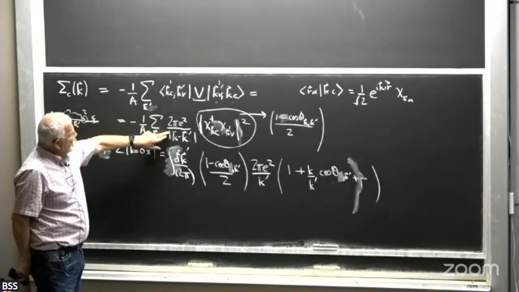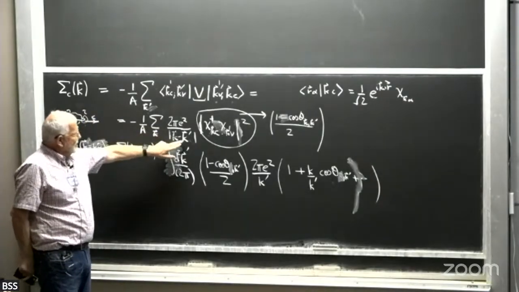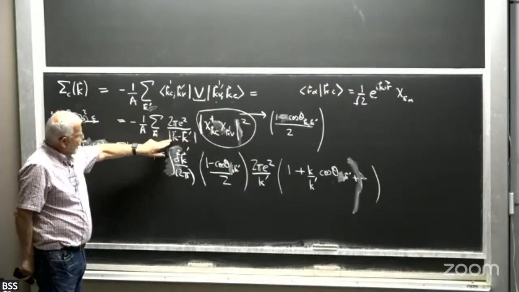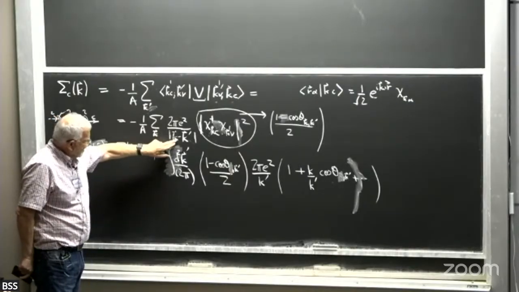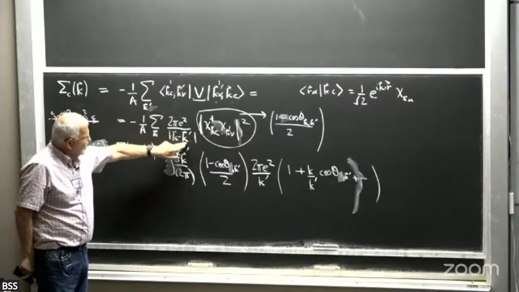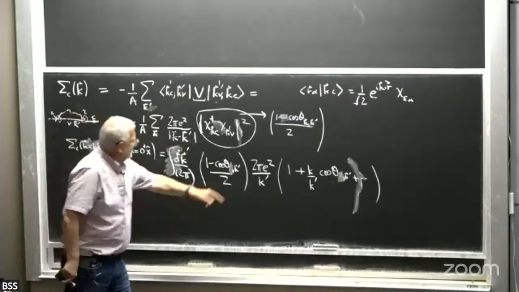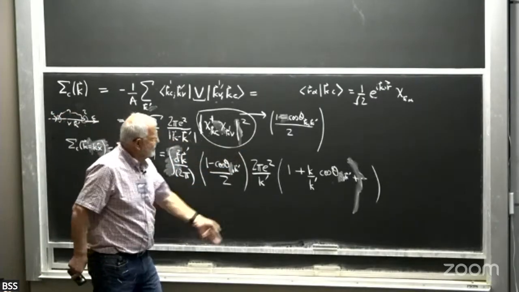So I've expanded the absolute value of 1 minus vector k over k prime to first order in k.